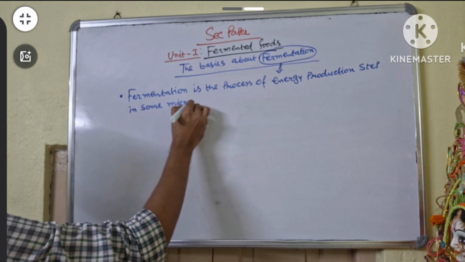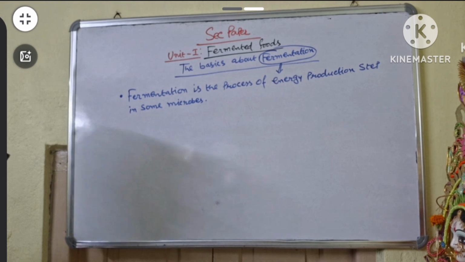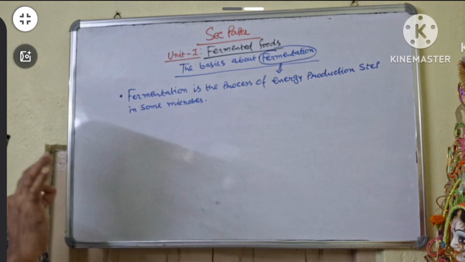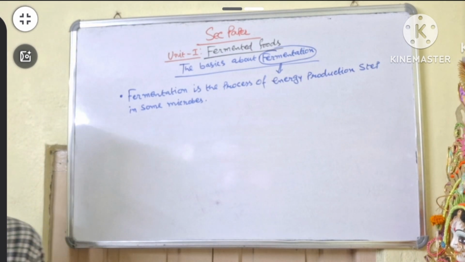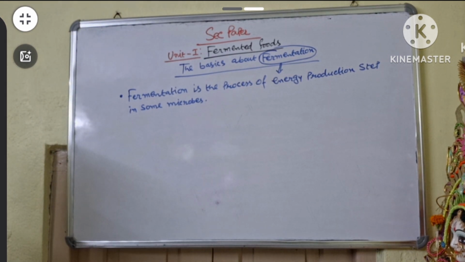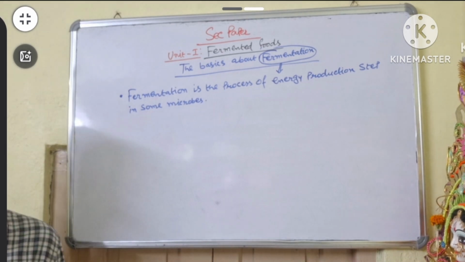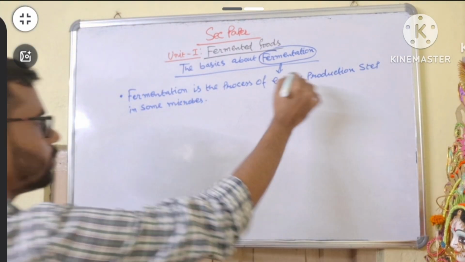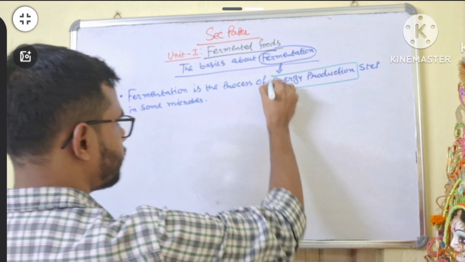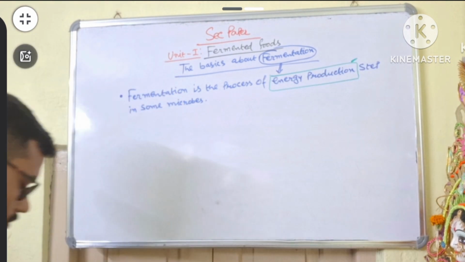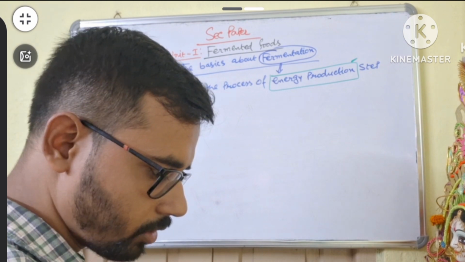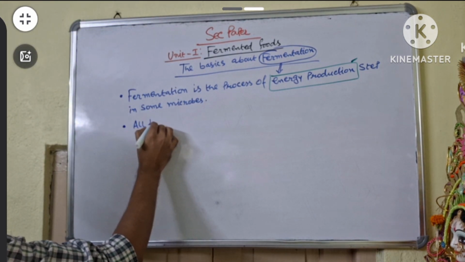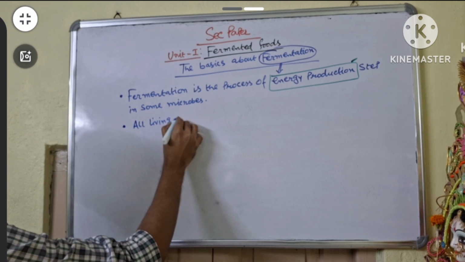Is it a correct statement? It is a part of energy processing, an energy production step in every cell. Not every cell, in the case of microbes. Can you write it? So, an energy production step. Fermentation is production, creation of energy. So you all know that all living cells need energy.